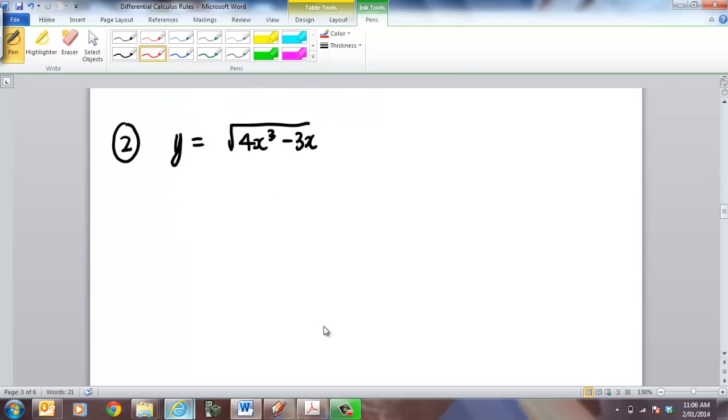Looking at the second case over here. The key thing here is to write these as powers. So I could write that as 4x cubed take 3x, and instead of writing it as a surd, I could write that to the power of a half. Now I want you to think of that whole thing there being u, so that's like u to the power of a half.